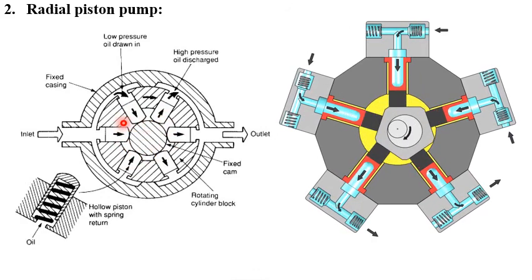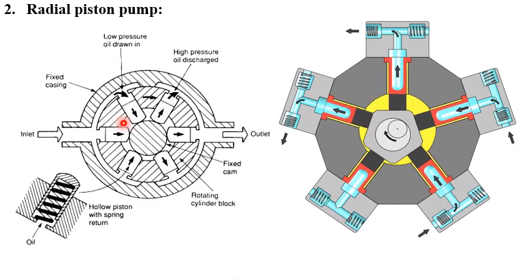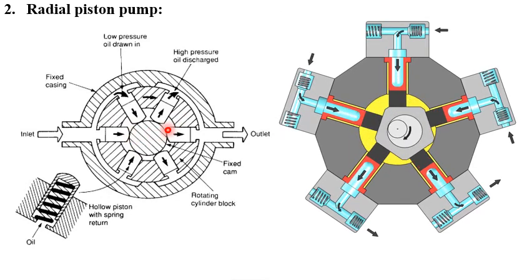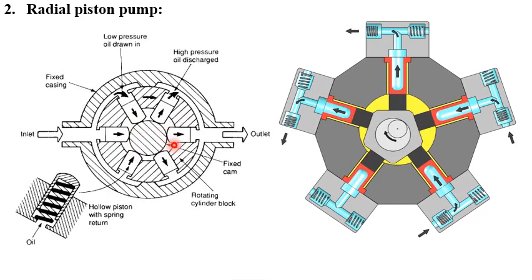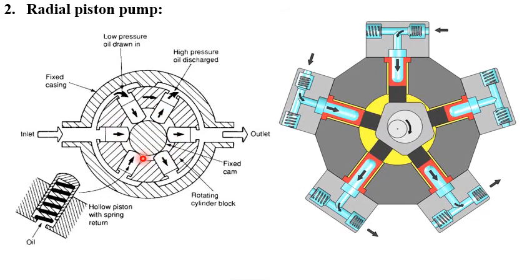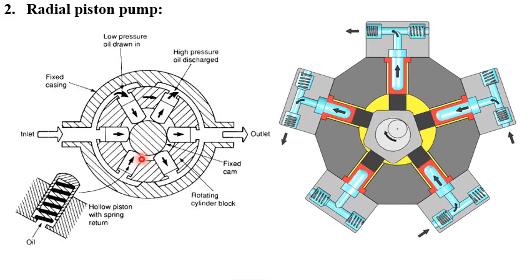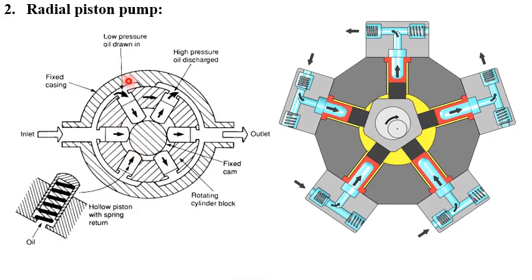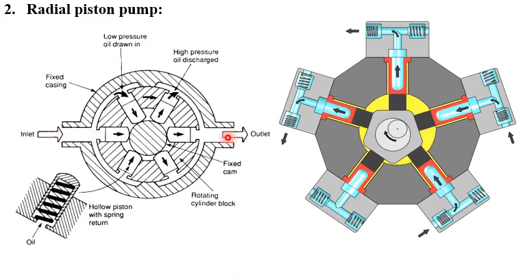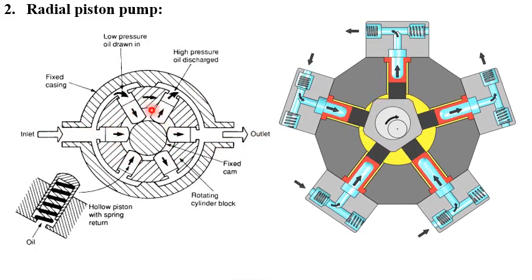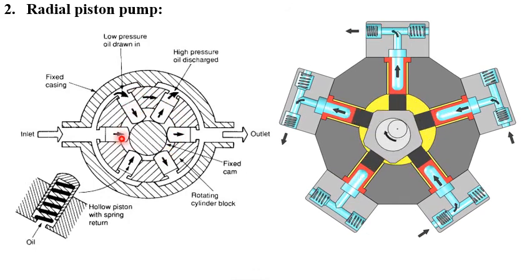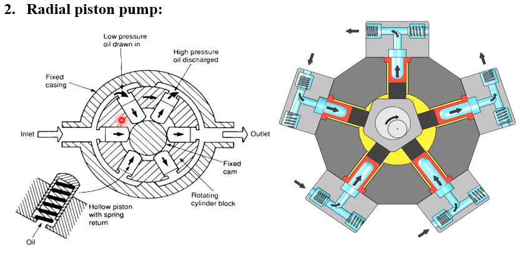And radial piston pumps are available in two basic types: radial piston pump with stationary cylinder block, and radial piston pump with rotating cylinder block. Look here, this is the outer ring. This outer ring has input and output, and inside there is one more circular part, what we call the cylinder block.